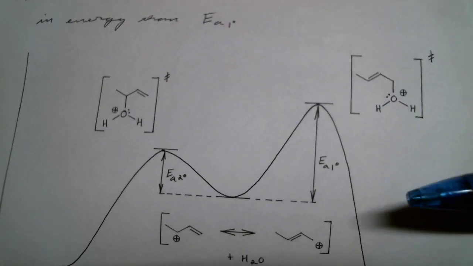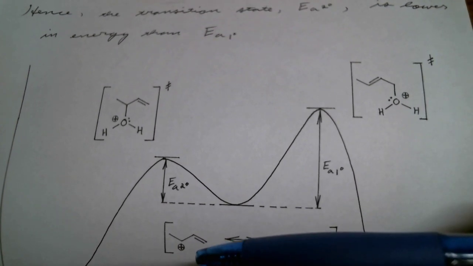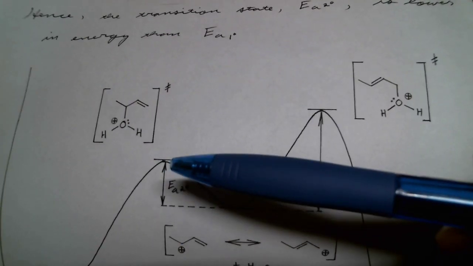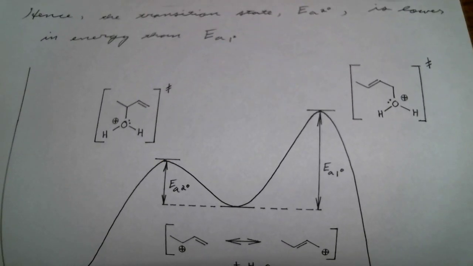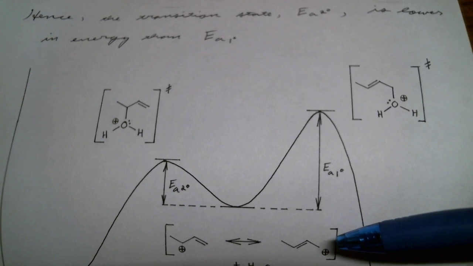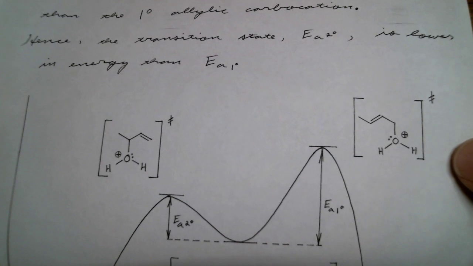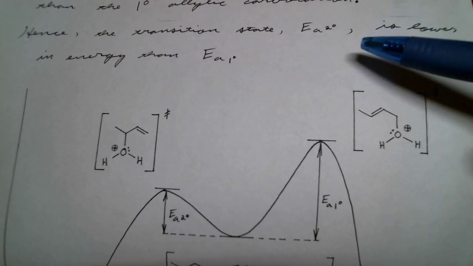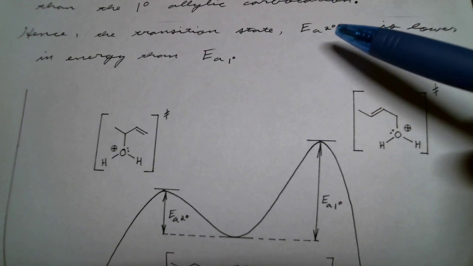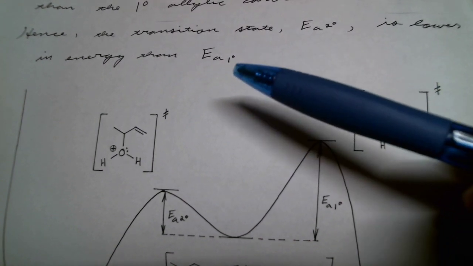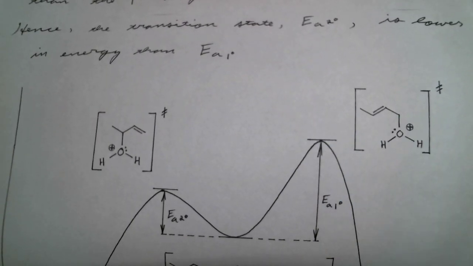That's to say, or how your text presents it, the secondary allylic carbocation has a smaller activation energy hill to climb in its reaction with water versus this primary allylic carbocation, which has this larger activation energy hill to climb. Hence, the transition state for our secondary carbocation, we'll call that EA secondary, is lower in energy than the activation energy EA for the primary carbocation.